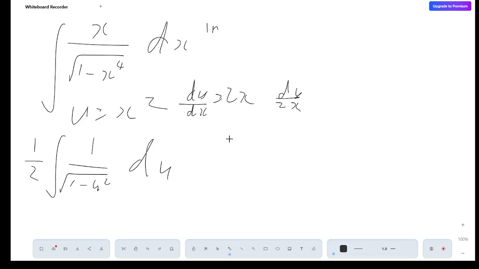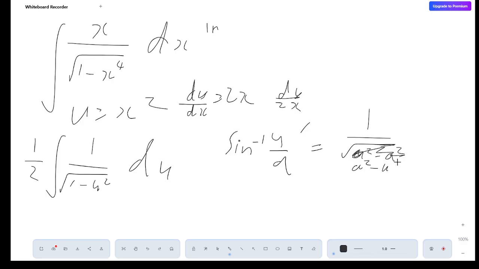Then again, recall the process for finding the primitive. When we find sine inverse of u on a, the derivative of this will simply equal 1 over root a squared minus u squared. There we go. And by simply seeing this, a squared minus u squared.